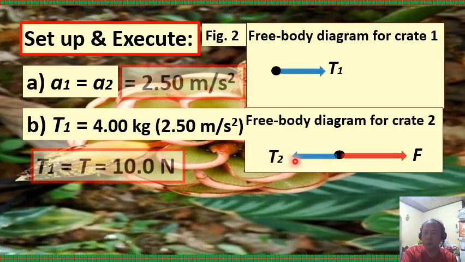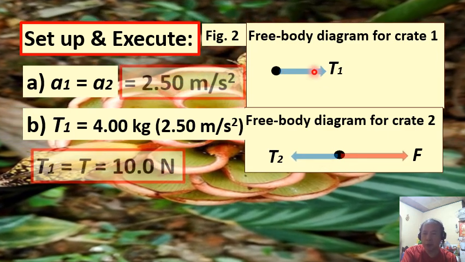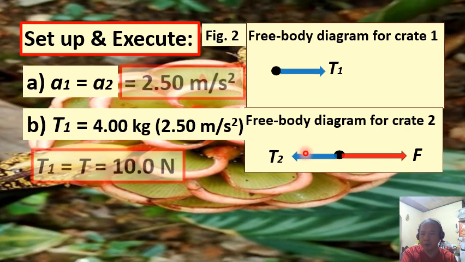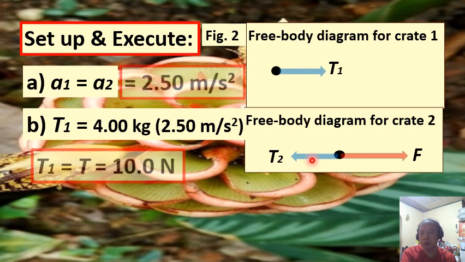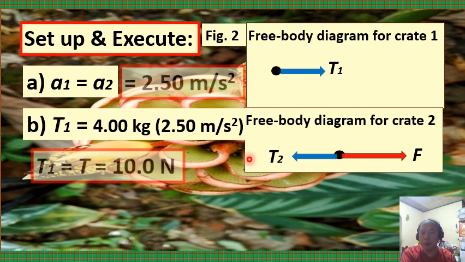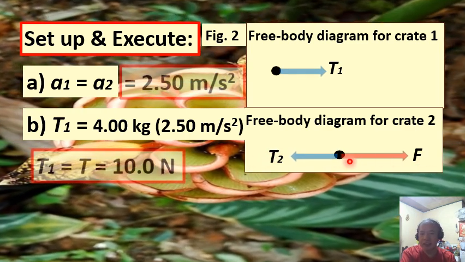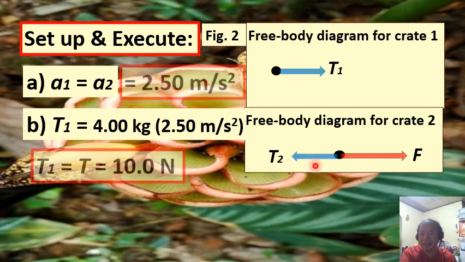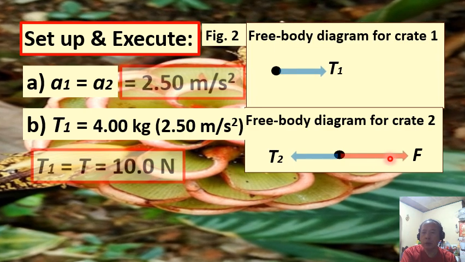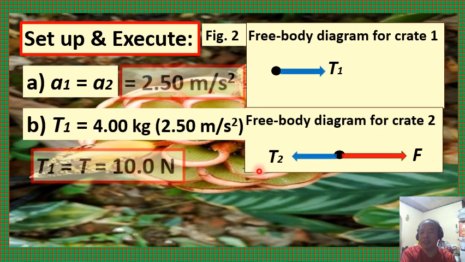But this T sub 2, as mentioned earlier, is also equal to T sub 1, the two tension forces being an action-reaction pair of forces. So T sub 2 may also be considered the force exerted by crate number 1 on crate number 2. And if you notice, the length of the two arrows are not the same. The vector arrow for the force F is a little bit longer than the arrow representing T sub 2.